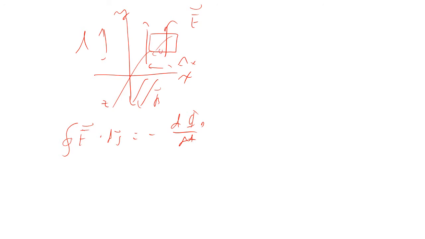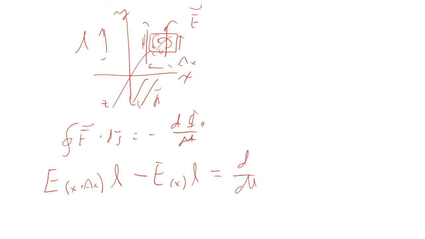On the right-hand side, it's going to be E at x plus delta x times L. On the other side it's in the other direction, because we're integrating around the loop: up over here makes this term positive, and down here makes the next term negative. So that's minus E at x times L. And that's going to be equal to the rate of change of the magnetic flux, and the magnetic flux is B times L delta x.